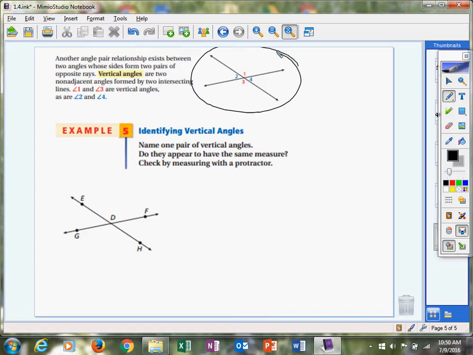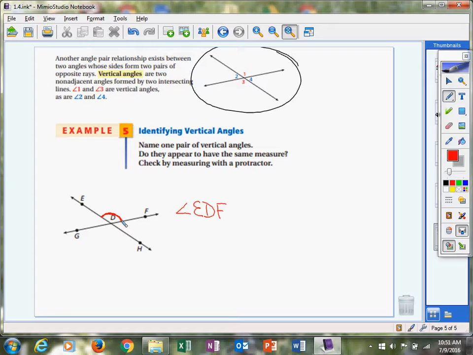Okay, so there's 2 pairs of vertical angles, and I'm going to color code them. Let's start with red, and let's start with angles E, D, F. And what would be a vertical angle to EDF?